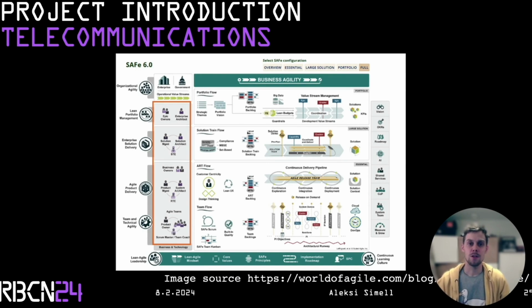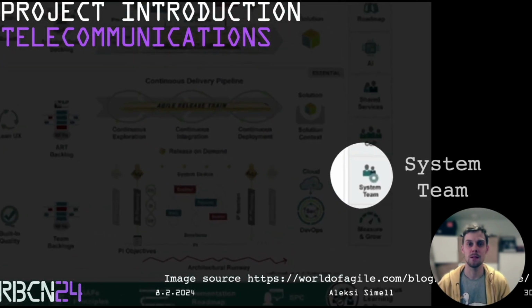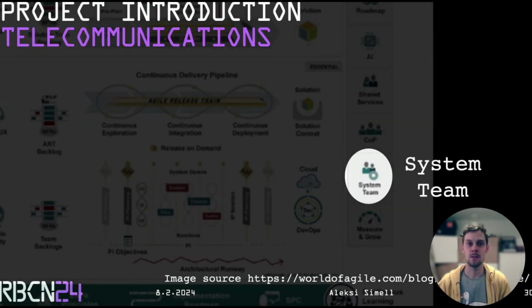It was a large SAFe organization doing an application on top of Salesforce. I belonged to the system team of that SAFe project, and our job was to keep the Salesforce environment alive and do test automation, keep the integrations working, do deployment automation, and so on.